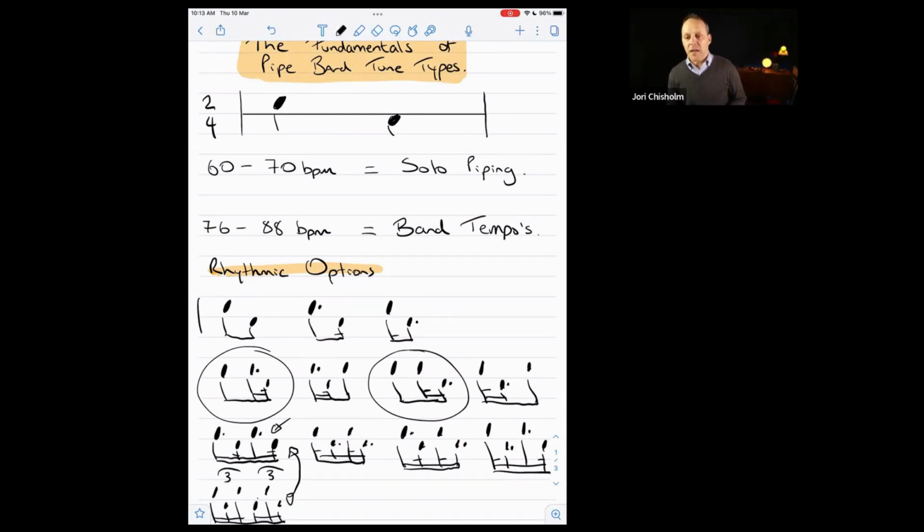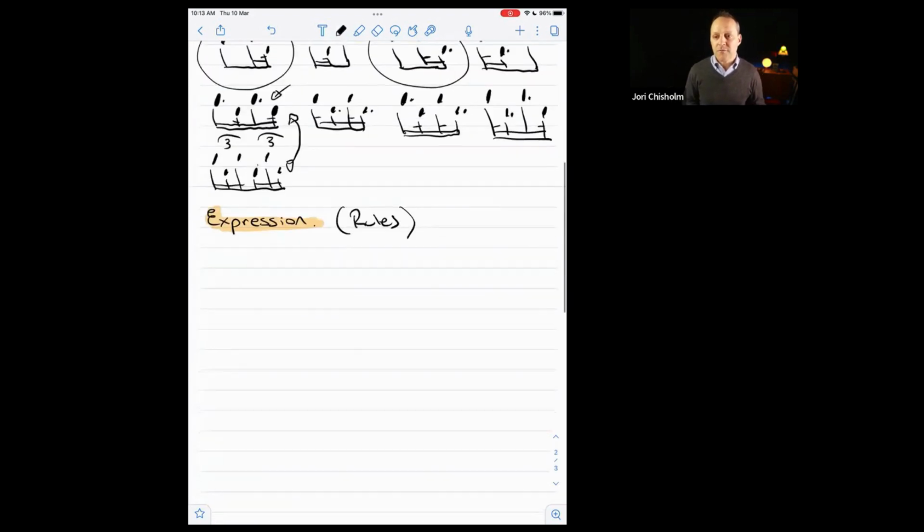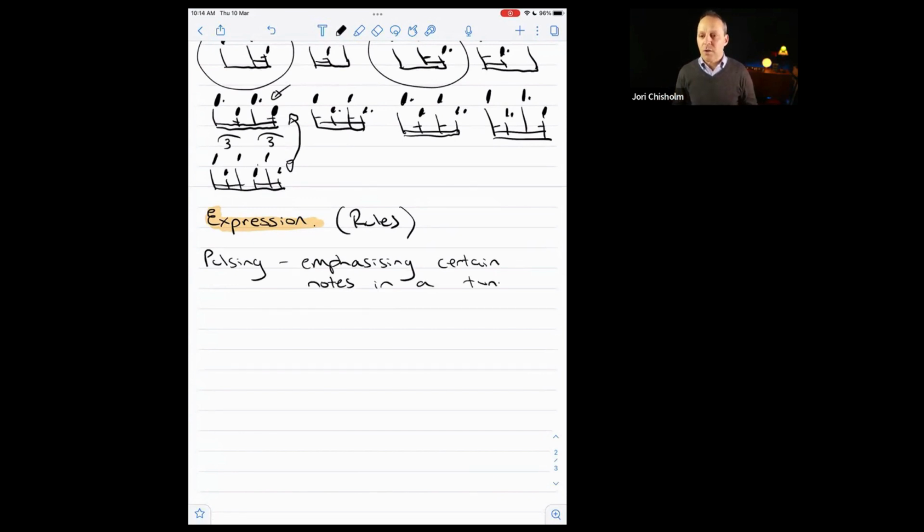So pulsing is a term we use for emphasizing certain notes in the tune. And in a 2/4 march, what we want to do is emphasize each beat. Well, if your bar is just 2 quarter notes, there's not much you can do to it. But as soon as you have 2 or more notes within a beat, you can pulse it.